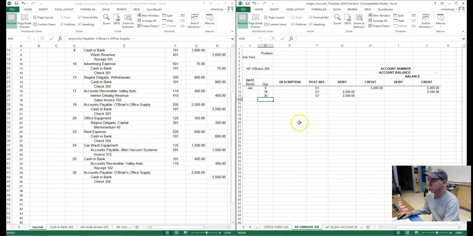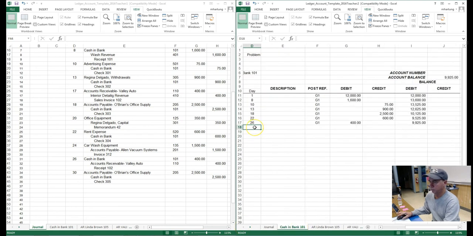We have paid the bill at the end of the month. And we'll go and post that reference to account 205. And we paid with cash. Subtract that credit. And post reference. Problem 6-5 is almost finished.